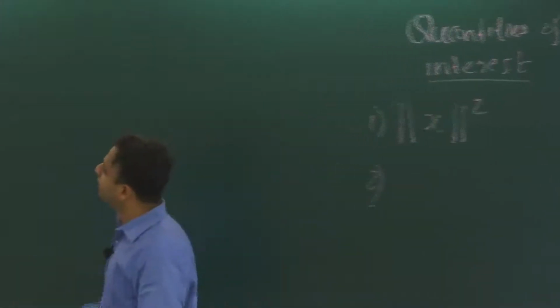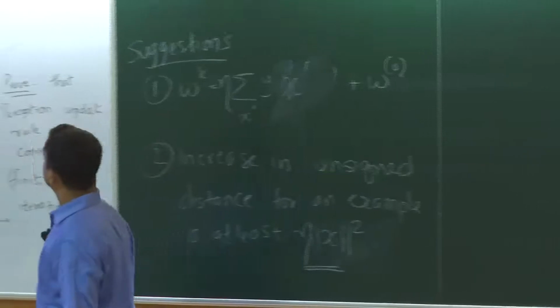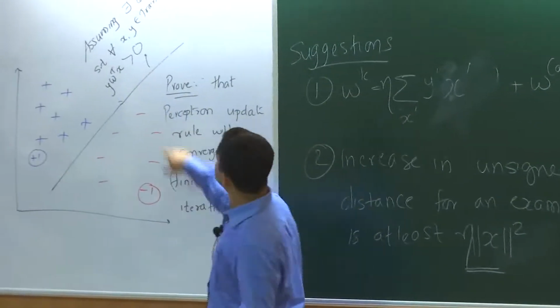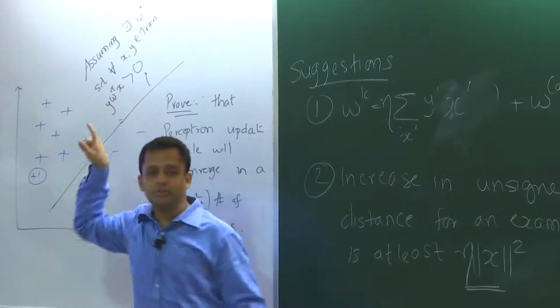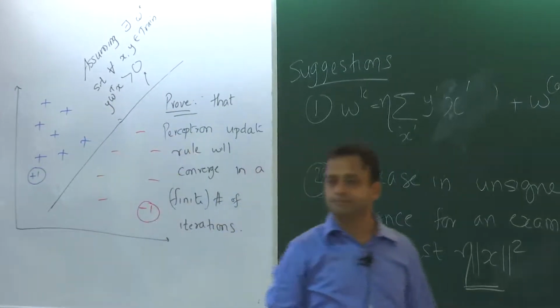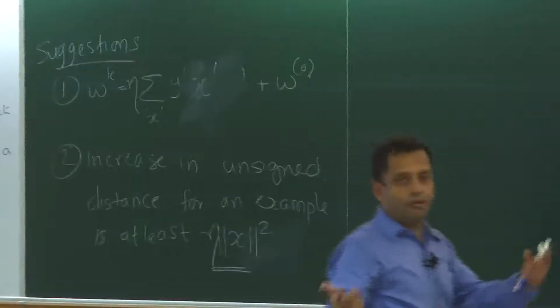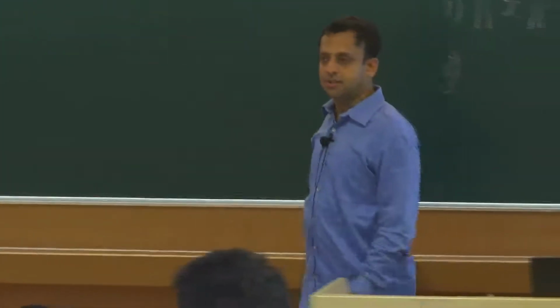Any other quantity of interest here? Is this of interest? y times W transpose x, for each training point.